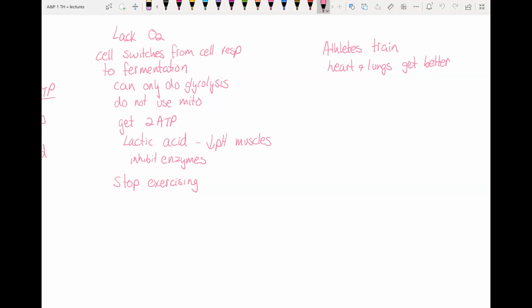Yes, their muscles are better, but it's not just the muscles. Their heart and lungs are better at sending oxygen, so they don't switch over to fermentation as quickly. Their heart and lungs are able to keep up with the muscles' demand of oxygen. So their cells don't switch to fermentation.